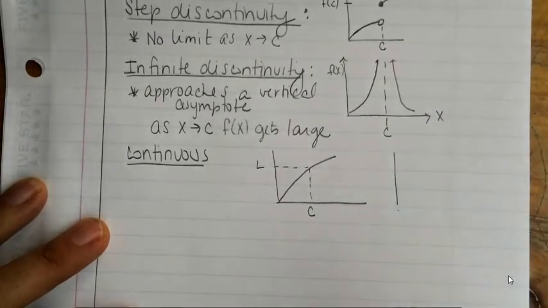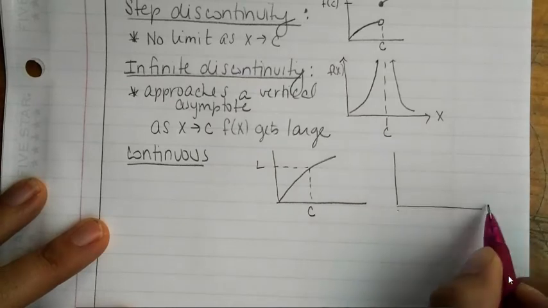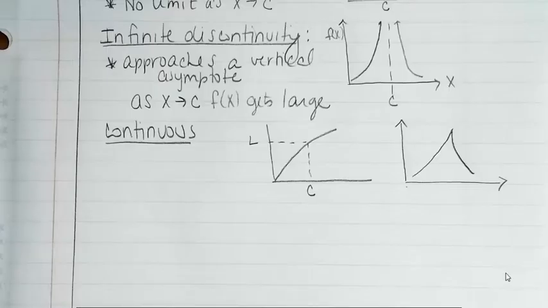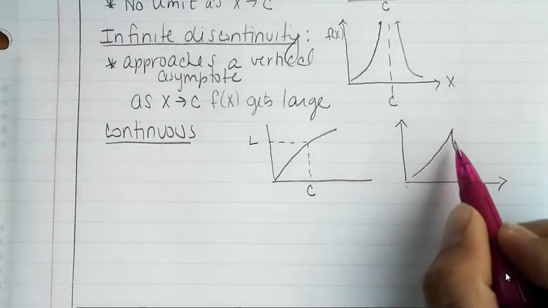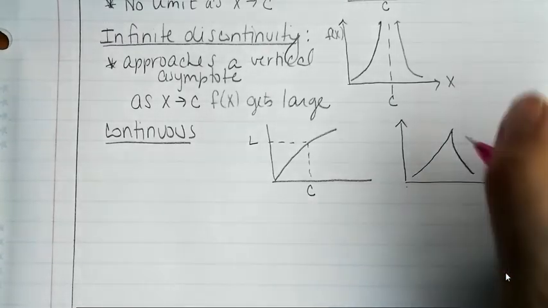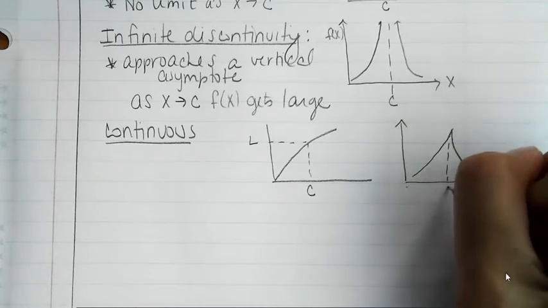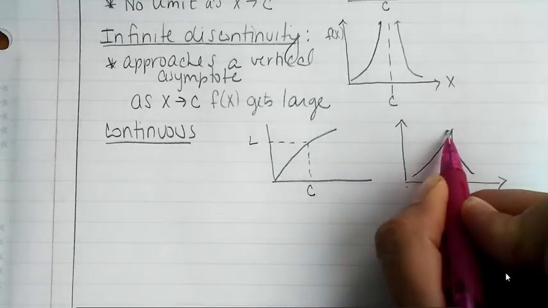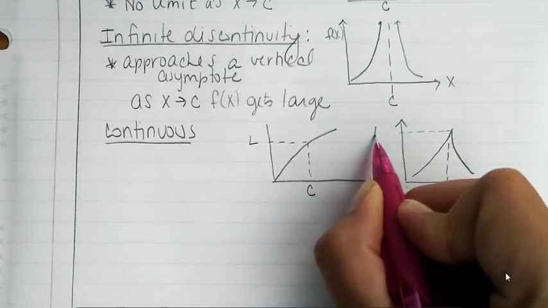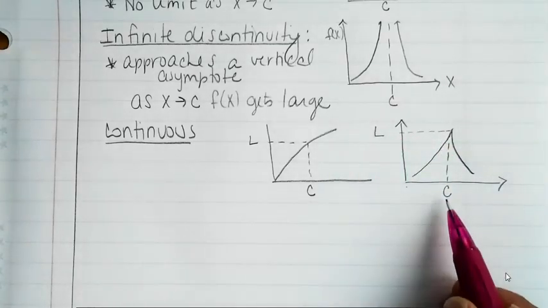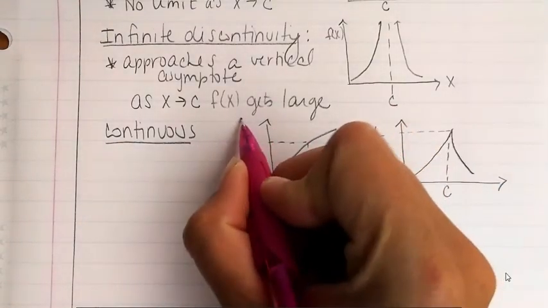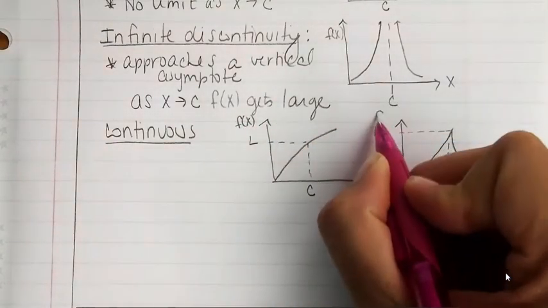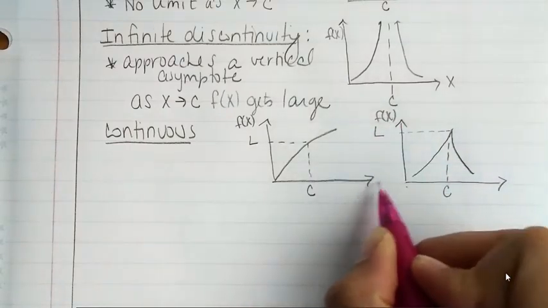Well, there's another one, which is still continuous. Our other one looks like this. It's got a point on it. I'll put that point right now at C, and that's fine. This one's also going to have a limit, and that limit, again, will be whatever the value is if I plug C into our function. So this is, again, f of x and this is x.